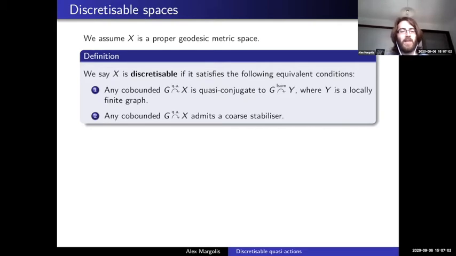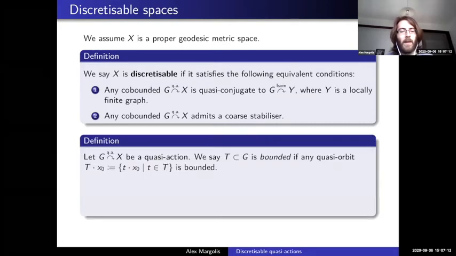And that's illustrated in the second equivalent formulation, that every co-bounded quasi-action of G on X has something called a coarse stabilizer. So what's a coarse stabilizer? If we have a quasi-action of G on X, we say some subset of the group is bounded if the quasi-orbit of a point is bounded; if one point is, then any point is.